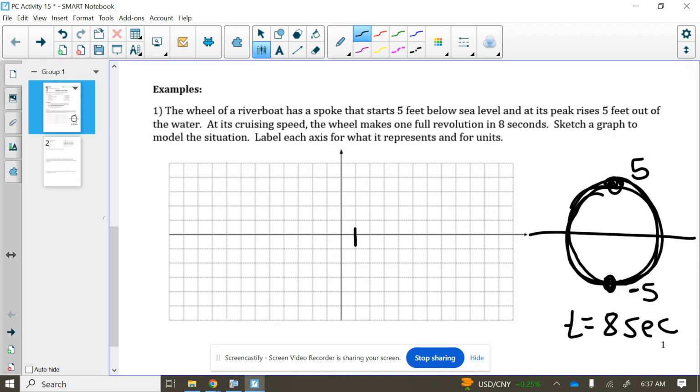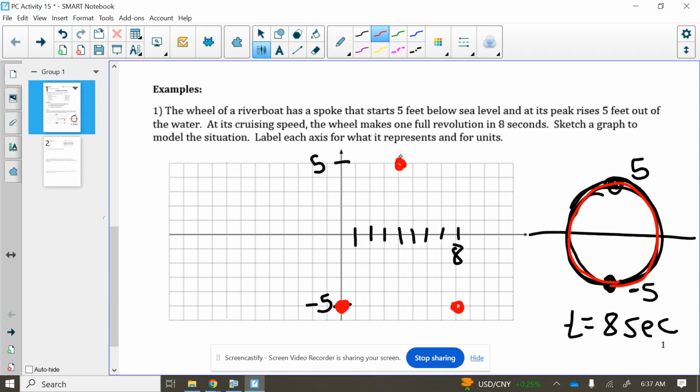So what we see here, 1, 2, 3, 4, 5, 6, 7, 8, is our period. In this case, it would take 8 seconds to see that whole graph. We are starting 5 units below, and our max is going to be 5 units above. So we start 5 units below, and it'll take 8 seconds to get back down to that point.